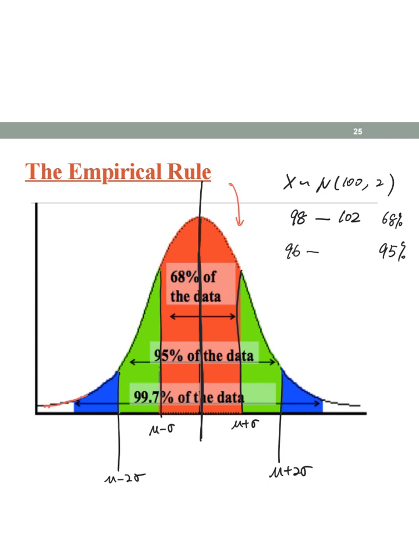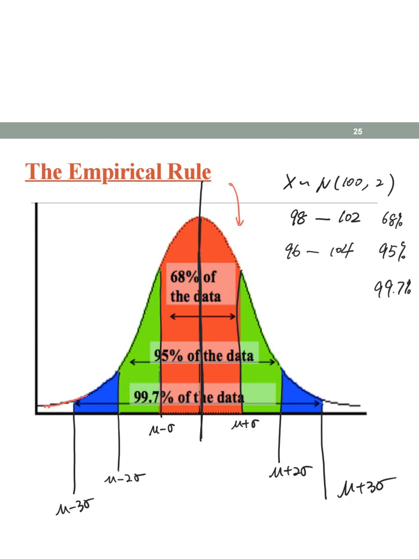From 96 to 104: mean is 100, so mean minus 2 standard deviations to mean plus 2 standard deviations, we have 95% of observations. And from mean minus 3 standard deviations to mean plus 3 standard deviations, in this range we have 99.7% of observations.